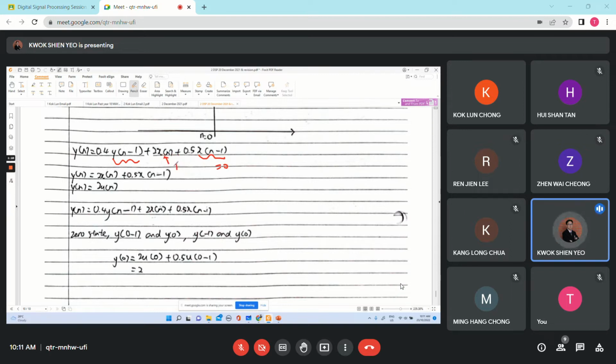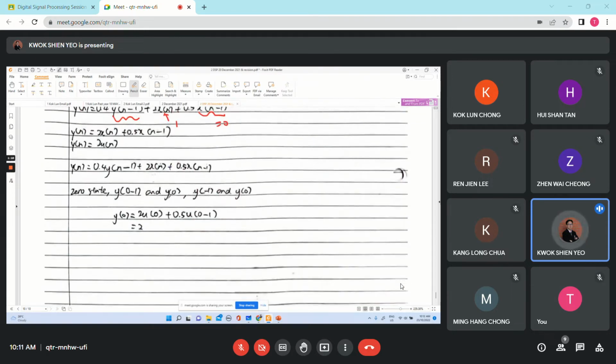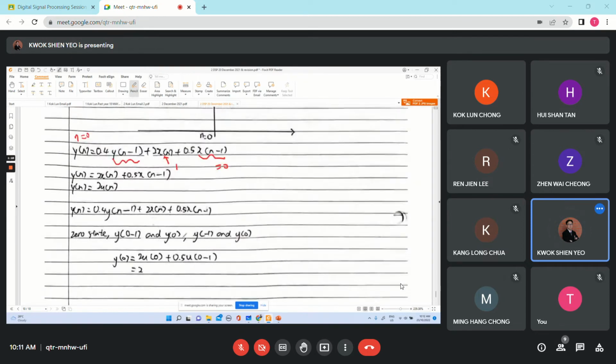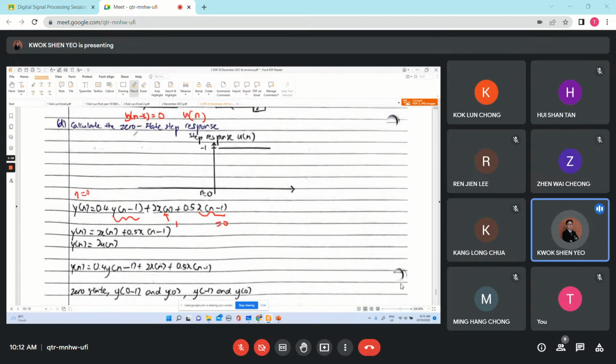So if n equals 0, then you can assume that. The question: calculate the zero state step response. So first of all, this one you make into 0. Then you've got this.